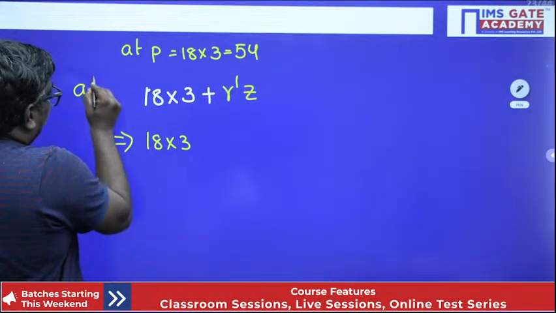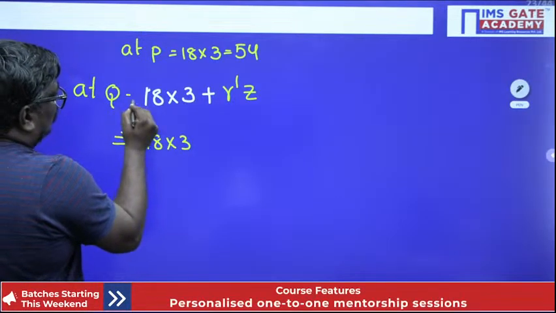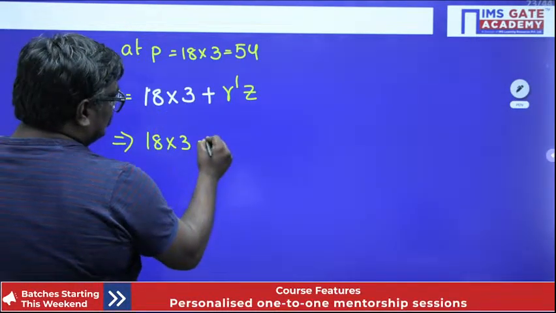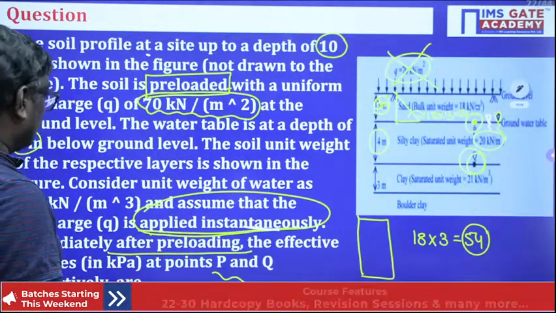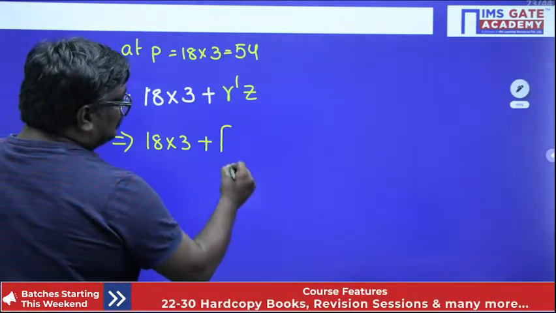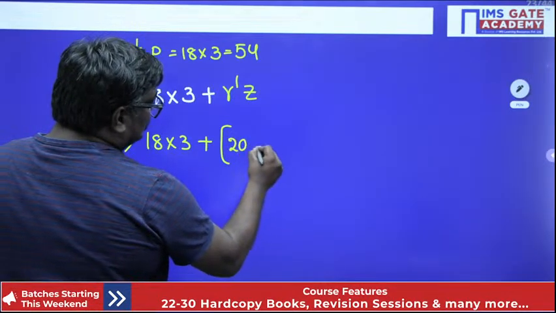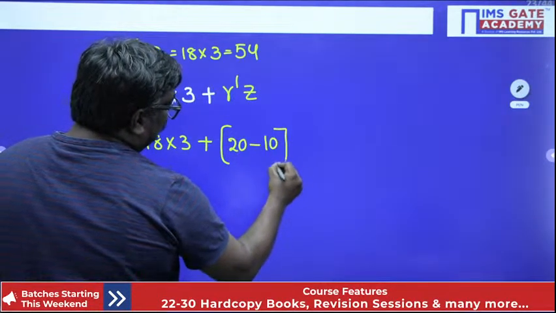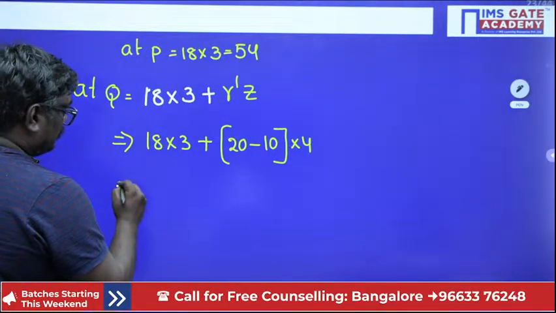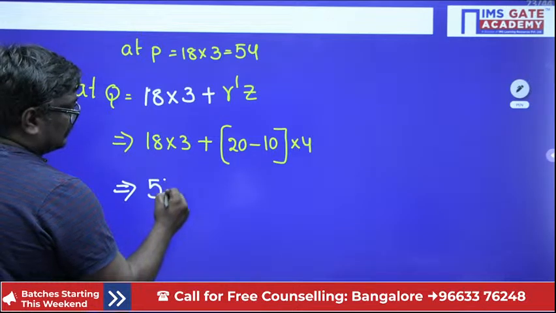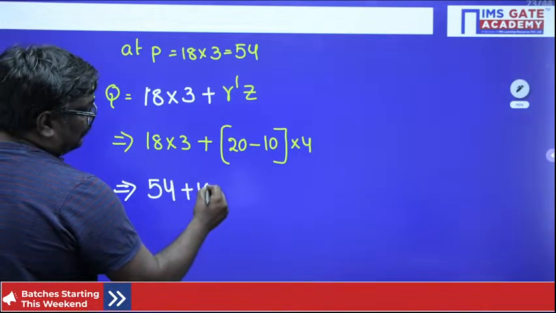And similarly at Q, it will be equal to 18 into 3 plus, what is gamma dash, sir? What is gamma dash here? Gamma dash can be written as 20 minus 10 into 4. So this will be equal to 54 plus 10 into 4.